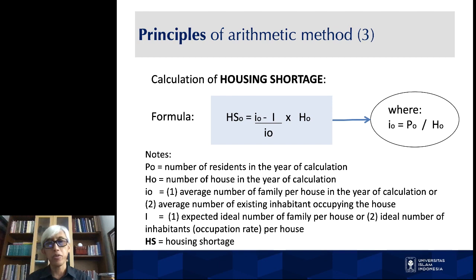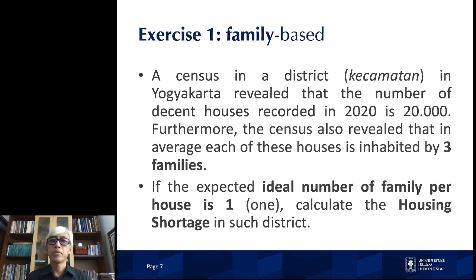So you have to set up the ideal number of families acceptable to live in one house. For instance, as I mentioned previously, one family per house, or the ideal number of inhabitants, the occupation rate, per house. So in this case, you don't look at the number of families but the number of people, the ideal number of people who are supposed to live in one house.